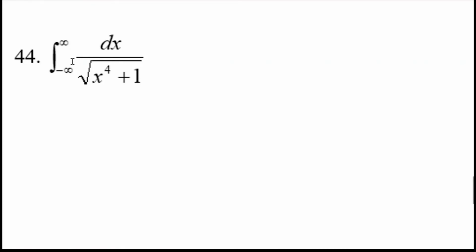Okay, but we have a little problem here, because what we want to do is this, right? No, let me just write it. From negative infinity to infinity, and then what we want to do is dx over the square root of x to the fourth power. You know what I'm saying?